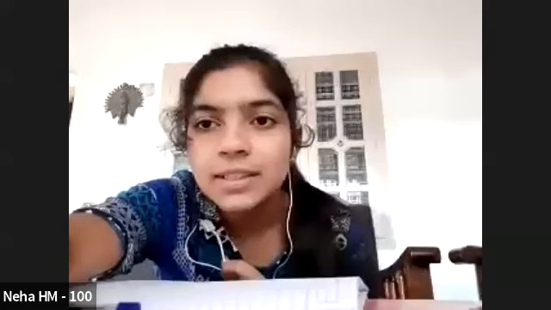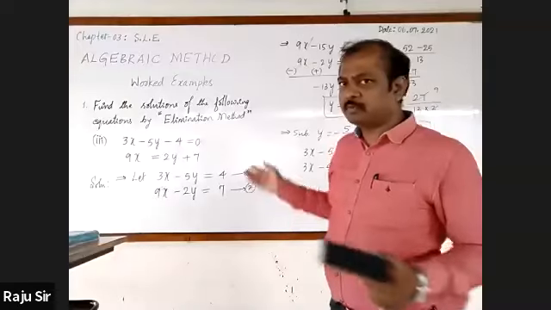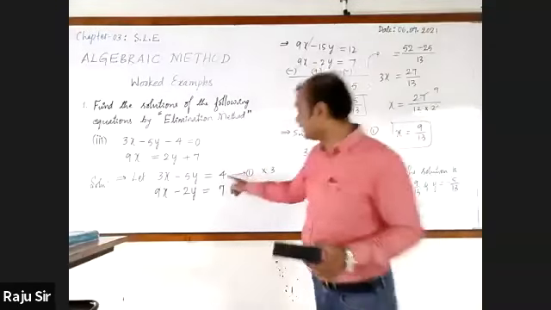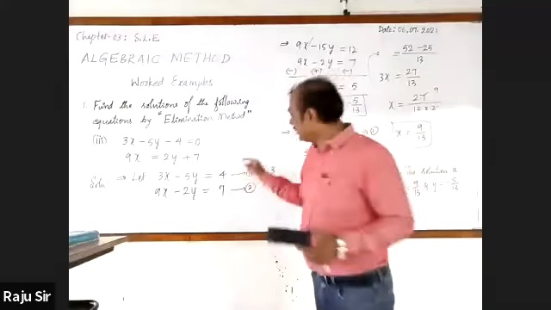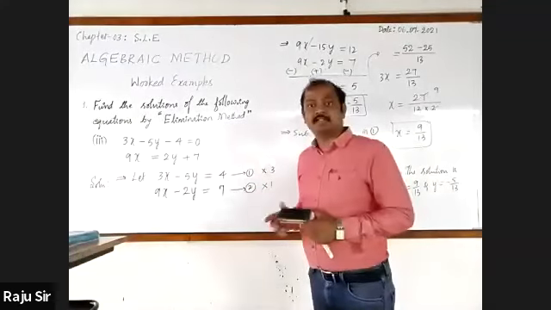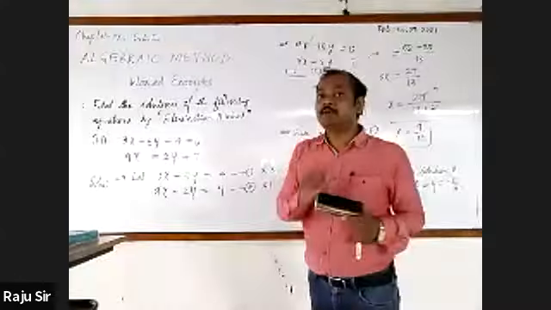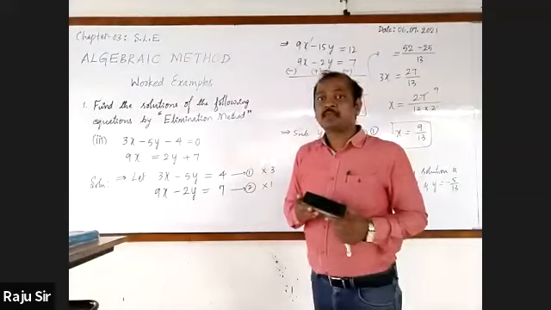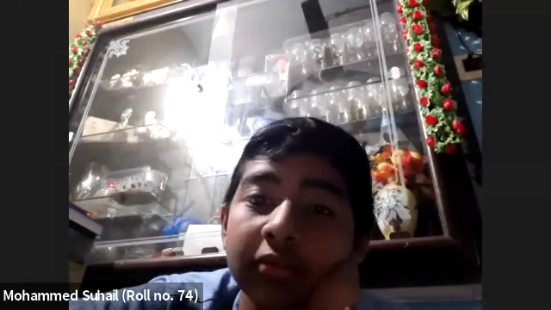Sir, can't we multiply with constants? We are multiplying with the constants. To equalize, you mean, can we go for equalizing constants? Yes, you can equalize, but if you equalize, whether x is eliminated or y is eliminated?